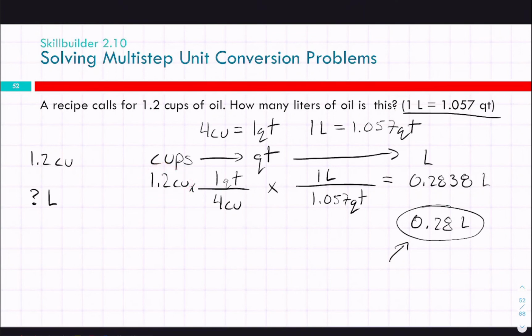So our final answer needs to have 2 sig figs. Yeah. So you could write this one in scientific notation. It didn't because the rule of thumb was less than 10, greater than 0.1. So this is greater than 0.1, so I left it. But you could write this as scientific notation. Right? It's the difference between saying like 1 dozen eggs or 12 eggs. It's the same thing.